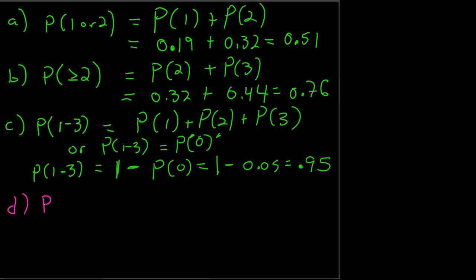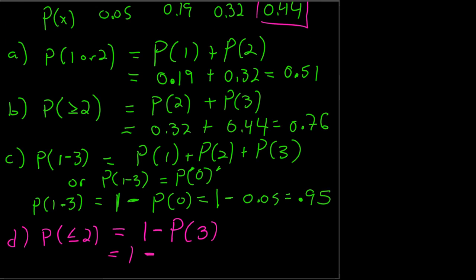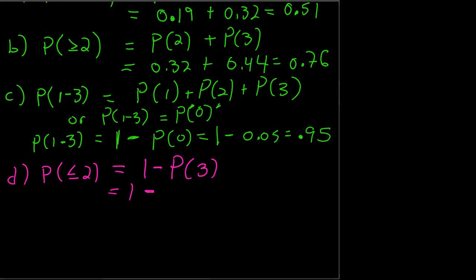So the probability of being less than or equal to 2, at the most 2, is going to be everything, because 1 is everything, minus the probability of 3, which is 1 minus, well, let's look at the probability of 3 here, 0.44, which is equal to 0.56. And so we've calculated the probabilities that question number 2 is asking.